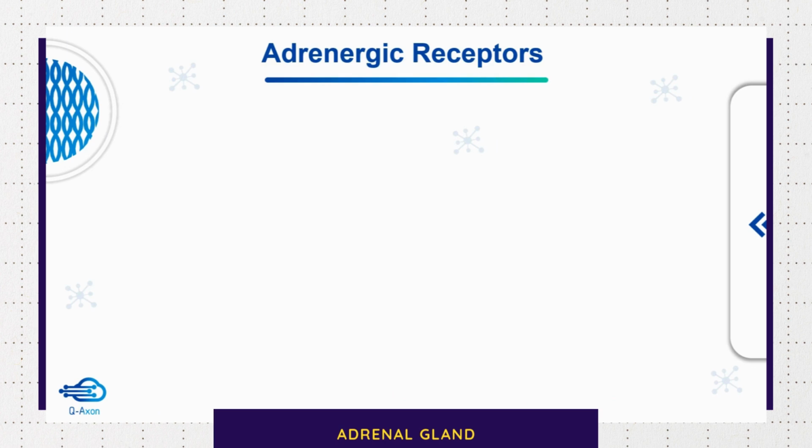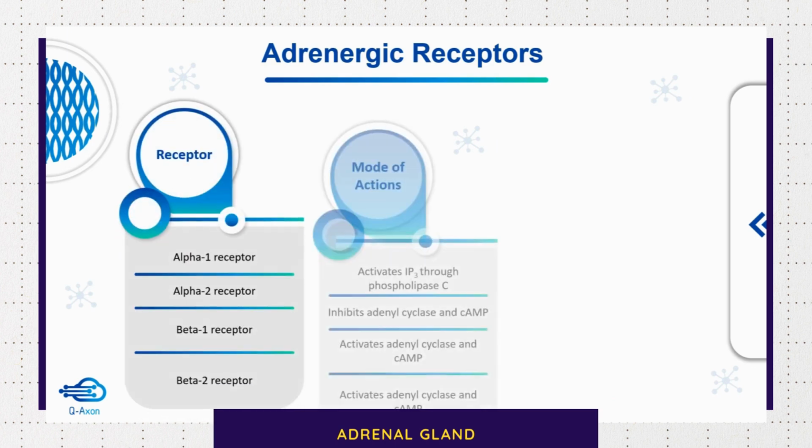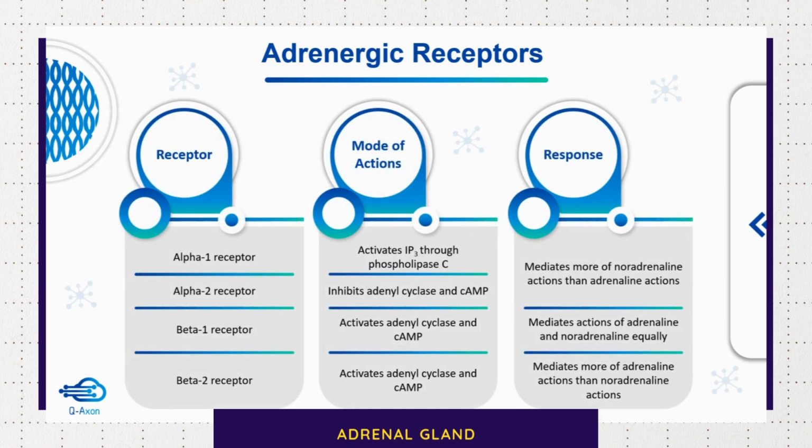We are now going to see the different adrenergic receptor types, their mode of action and their response. Alpha 1 receptor activates the inositol triphosphate through phospholipase C. Alpha 2 receptor inhibits the adenylate cyclase and cyclic AMP. They mediate more of the noradrenaline action than adrenaline actions.